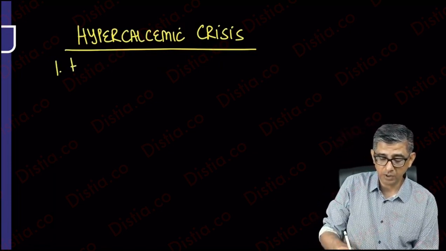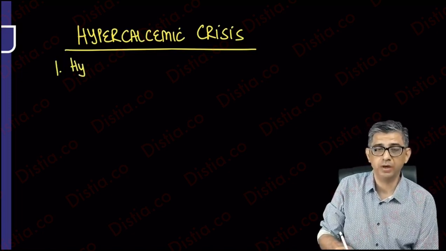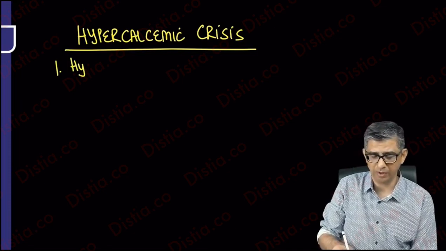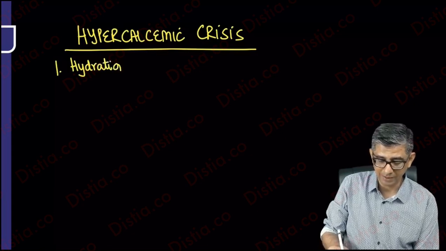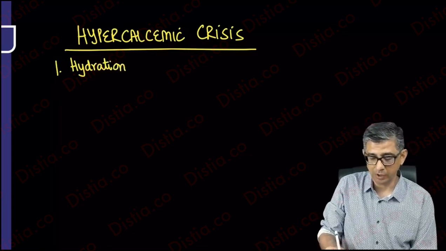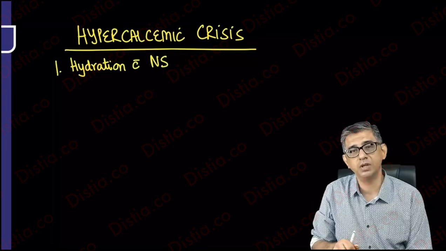If he asks what the initial management is, for example, if the calcium values at the moment are 14.5, I don't want them to go towards 15, because that's the danger mark. So my initial objective would be to cause dilution in the body using normal saline.